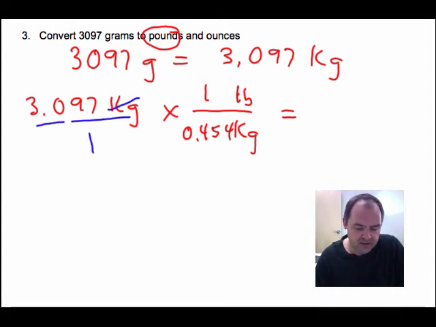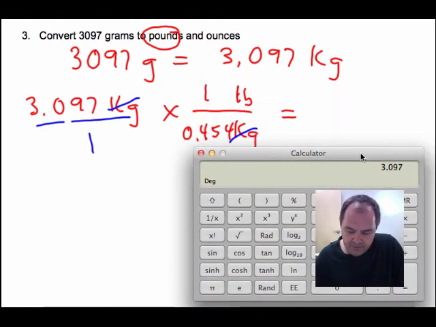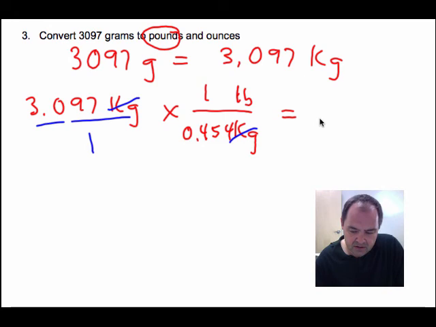Multiplication of the fractions. Kilograms cancel out. 3.097 times 1, so 3.097 divided by 0.454 gives us 6.82 and a bit, dot, dot, dot. The units remaining are pounds.